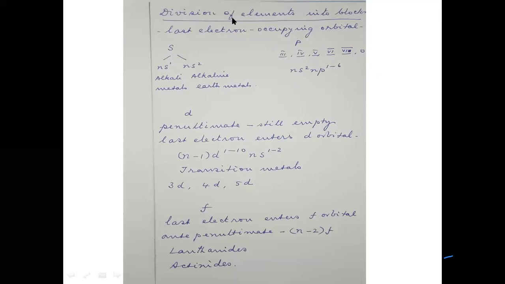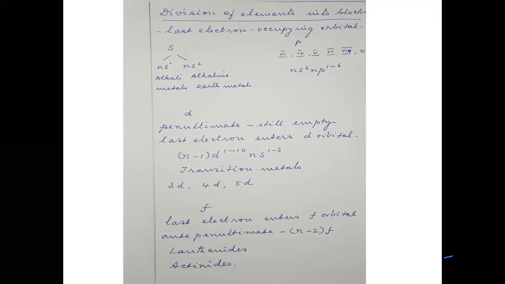And now what happens? Before p, sometimes d is getting filled. In such situations, d is a penultimate shell. Penultimate shell means it is before the outermost shell. Outermost shell is s, but before s, the d is there. But by energy state, it is much lower than s.